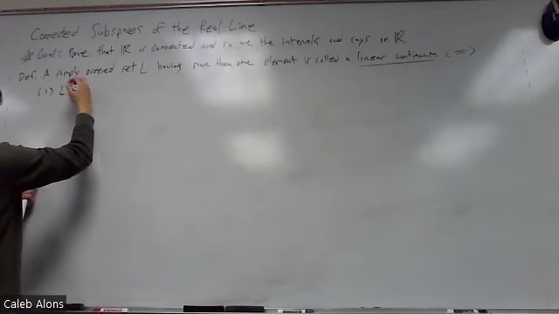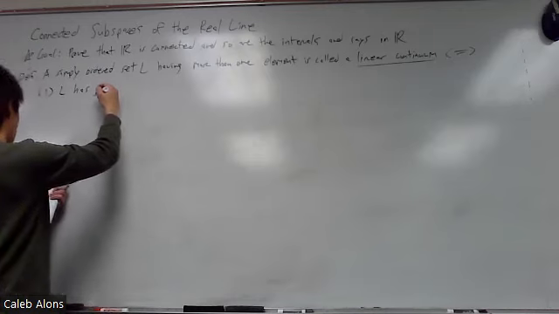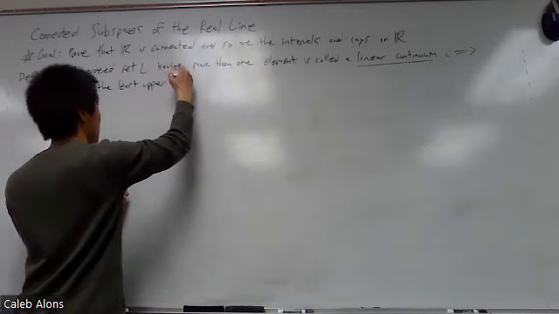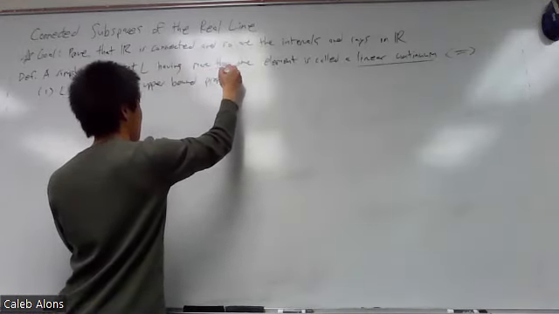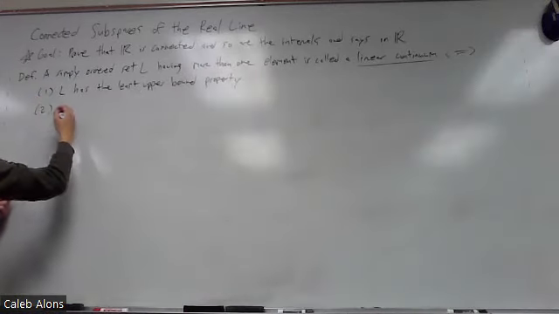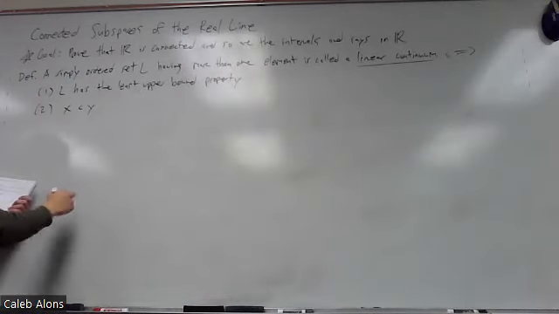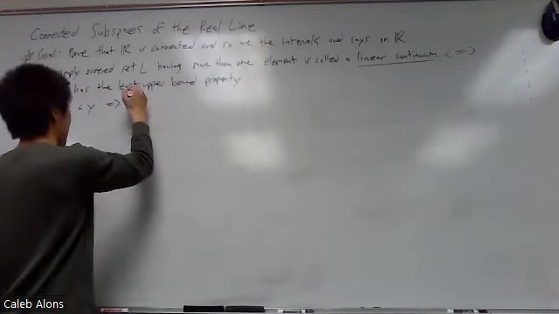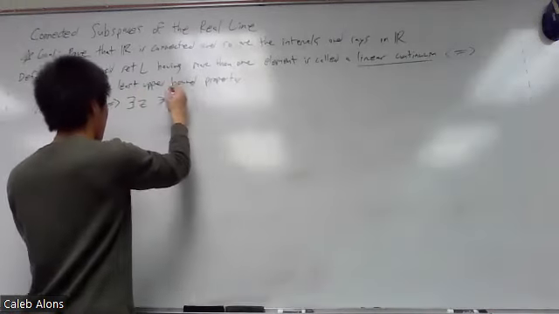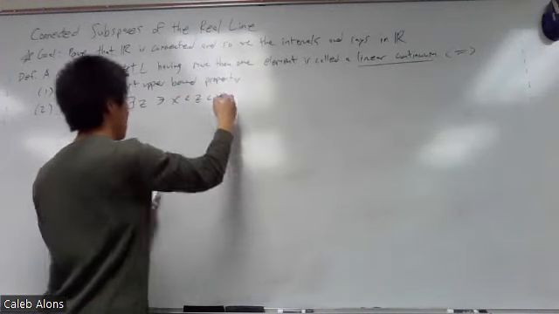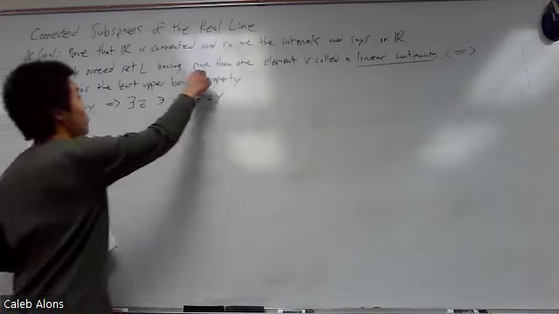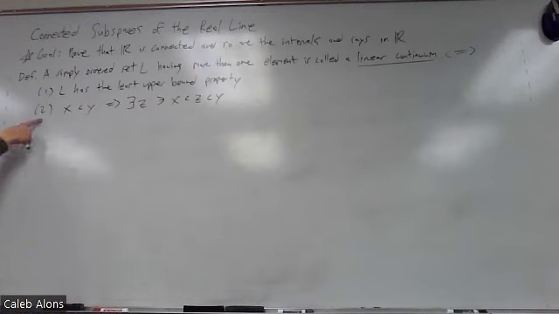We need L to have the least upper bound property. And if x is less than y in the ordered set, then there has to exist an element that is between your two elements. The whole more-than-one-element requirement becomes a necessity from this condition, because if you don't have more than one element, you can't have this property.